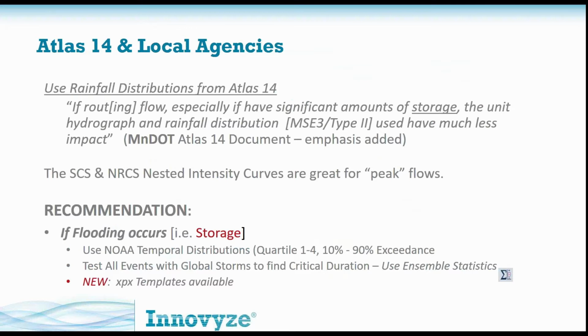But if you have flooding, they recommend using those NOAA temporal distributions. And in XPSWM and XPSTORM, we can build those events with global storms to help you find that critical duration. And in 2017.2 and now in 2018, the use of ensemble statistics will help you find that critical duration.